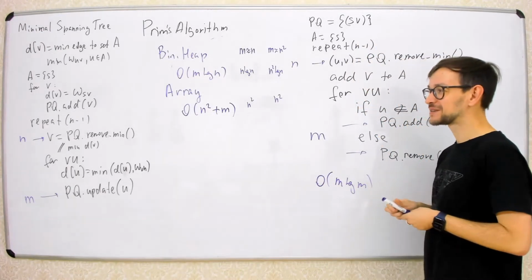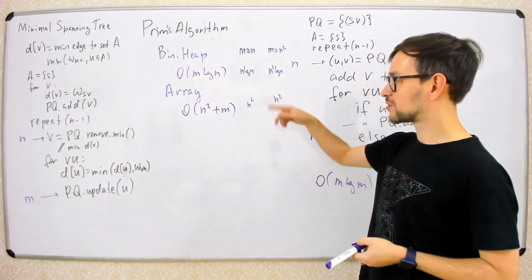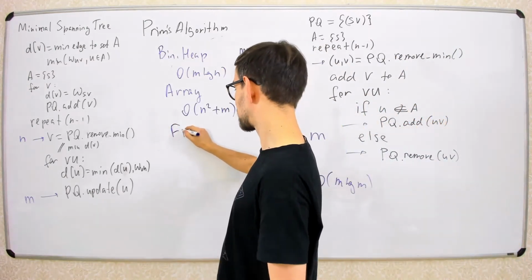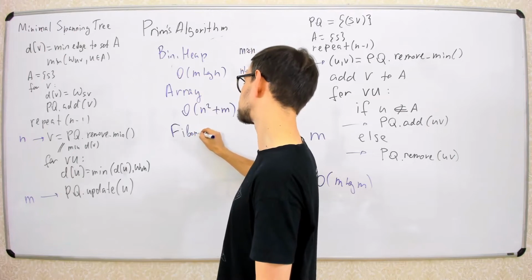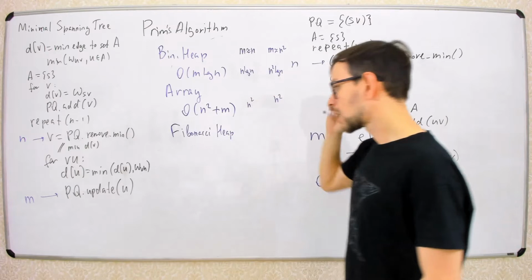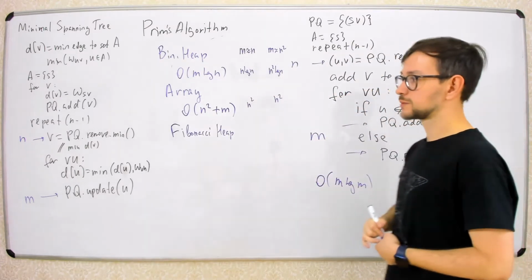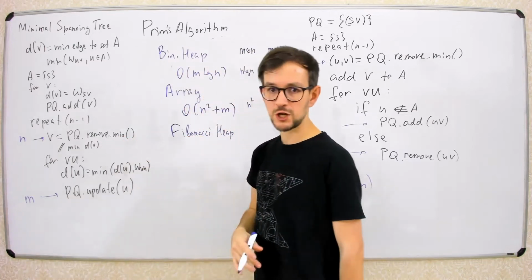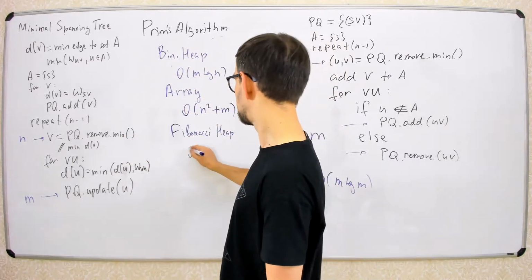Another way to think about it is instead of using binary heaps or arrays, you can just use Fibonacci heaps. Theoretically it's more efficient. If you use a Fibonacci heap, then here you need to remove the minimum. You can remove the minimum from a Fibonacci heap in log n time, so it will be n log n.